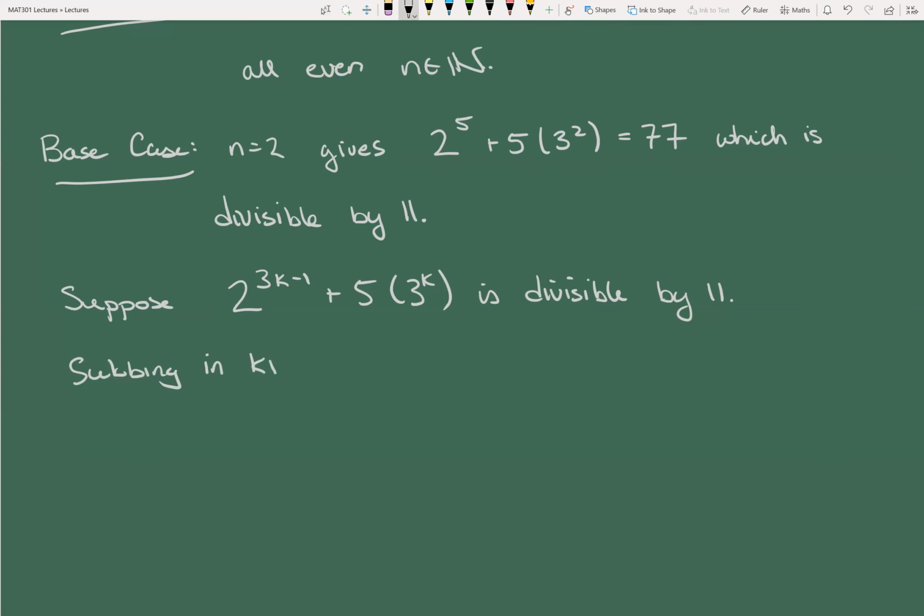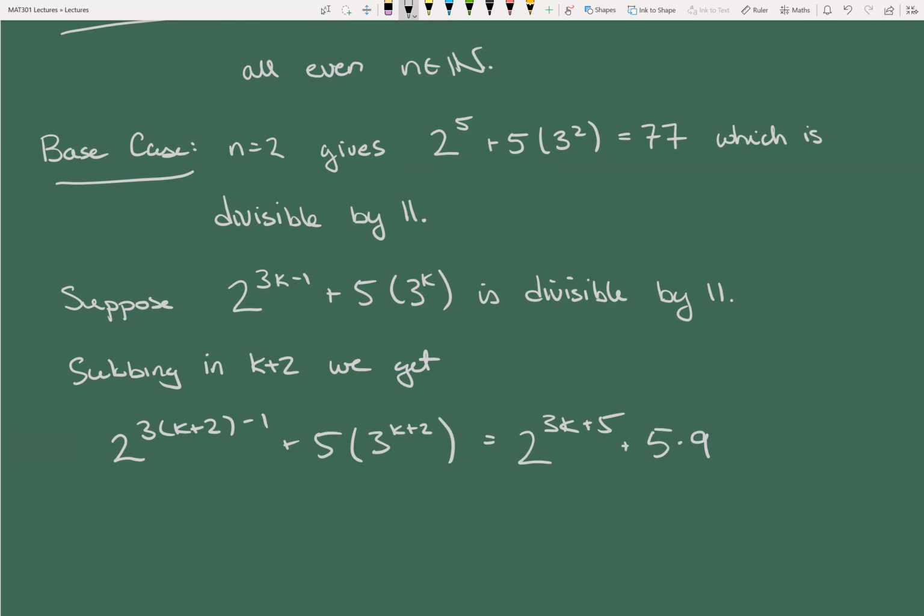in k plus 2, we get 2 times 3k plus 2 minus 1 plus 5 times 3k plus 2. And that's going to be 2 times 3k plus 5, right? Plus 5 times 9.